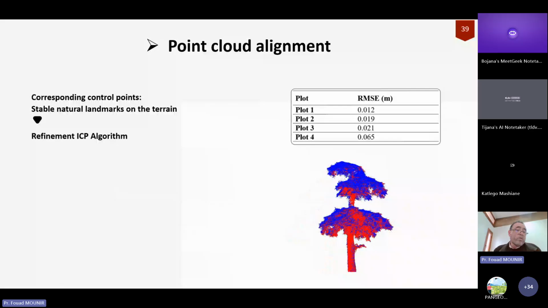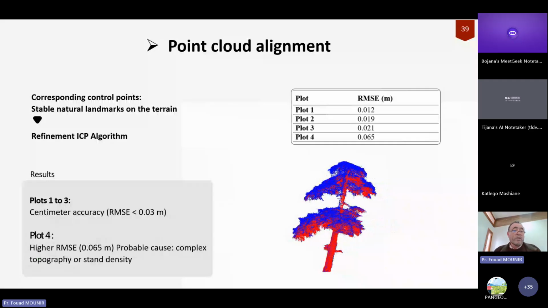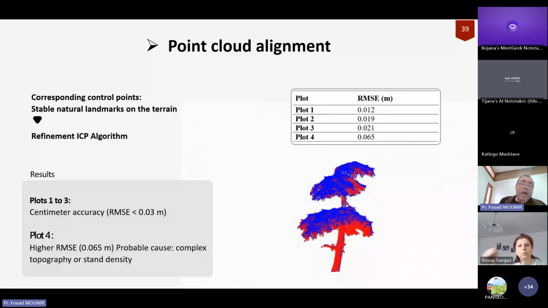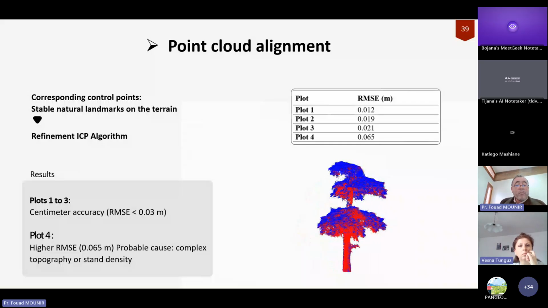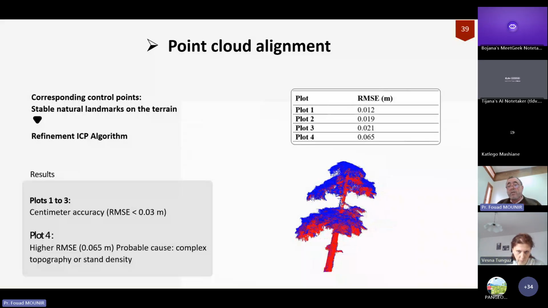We did a refinement of this alignment also using the ICP algorithm. And we can see here that in plots 1 to 3, the accuracy was very high, but in plot 4, the accuracy is not as high compared to plots 1 to 3, probably because of the complex topography and stand density, because plot 4 has the highest density among these plots.